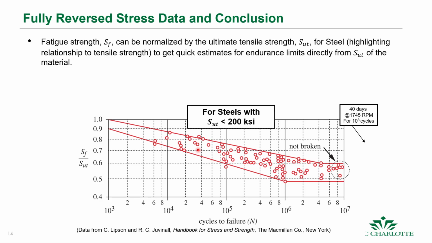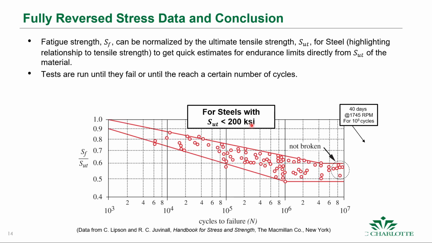So this allows us to get a quick estimate for the endurance limit, and of course that's the fully reversed stress that the specimen can endure, and we can get that directly from the ultimate tensile strength. Now that's for steels that have an ultimate tensile strength of less than 200 KSI.